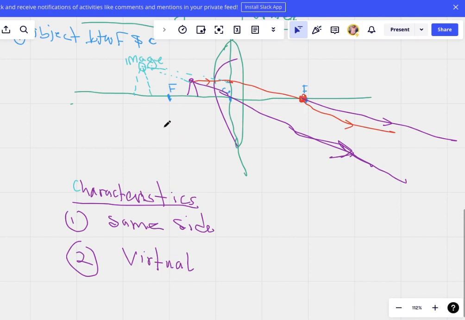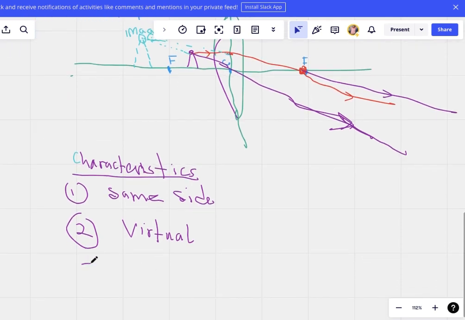It's not where these two rays meet. It's actually just their projection behind. So it's a virtual image. Number three is that this image is magnified, or increased.